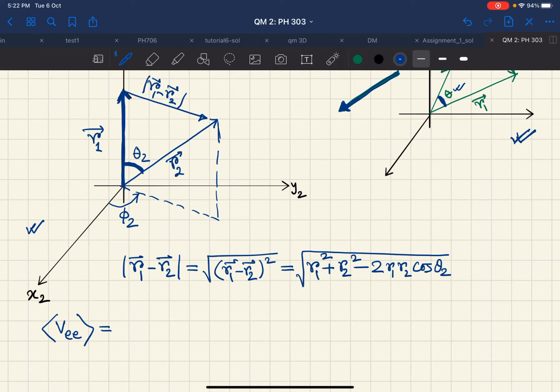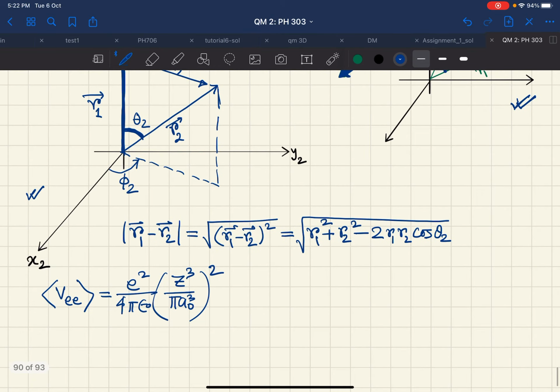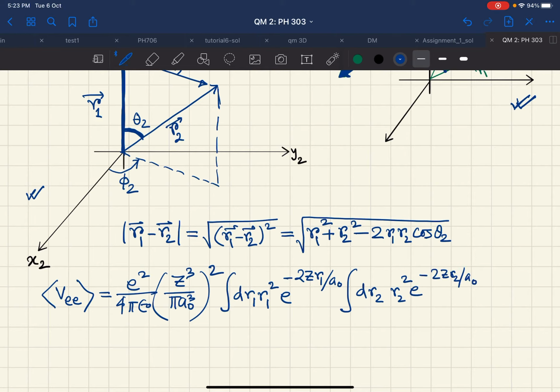So this V_ee will be e square by 4 pi epsilon naught times Z cube by pi a0 cube, whole square. So what are the integrals now? Let us write it down. We have dr1 r1 square e to the minus 2Z r1 by a0. Then we have dr2 r2 square e to the minus 2Z r2 by a0.